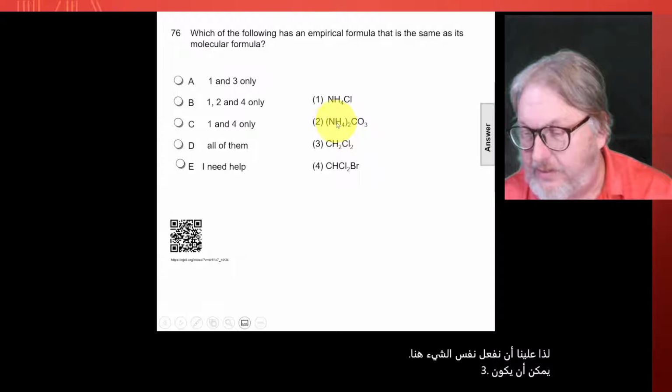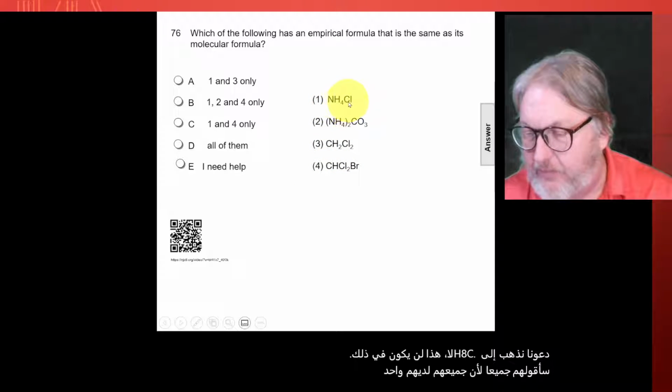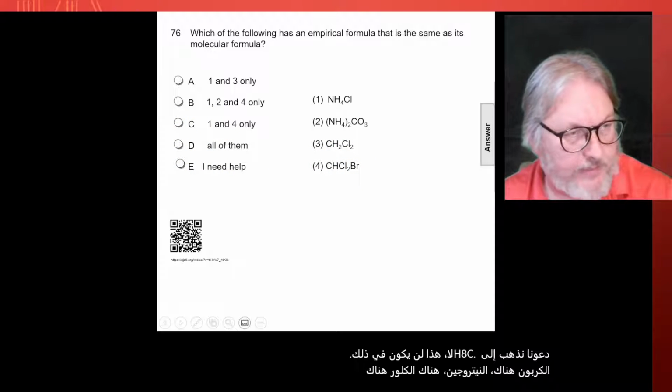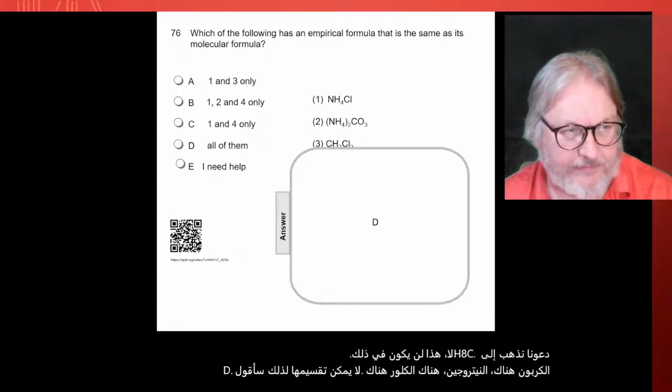C, no, that's not going to be it. I'm going to say all of them, because all of them have 1 carbon there, nitrogen there, chlorine there, they can't be divided. So I'm going to say D. And it is D. All of them have it.